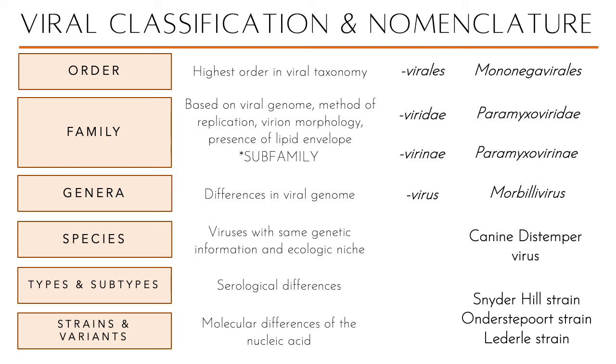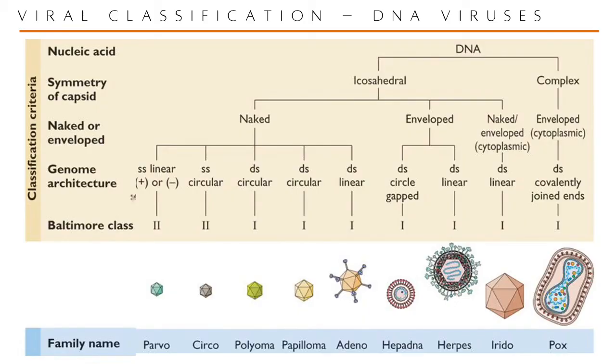All right. So one big major way of classifying viruses, and you divide them very clearly with this, is based on the nucleic acid. All right. These are the families of DNA viruses, meaning the nucleic acid of these viruses is made up of DNA, and that DNA could have a lot of characteristics within it.